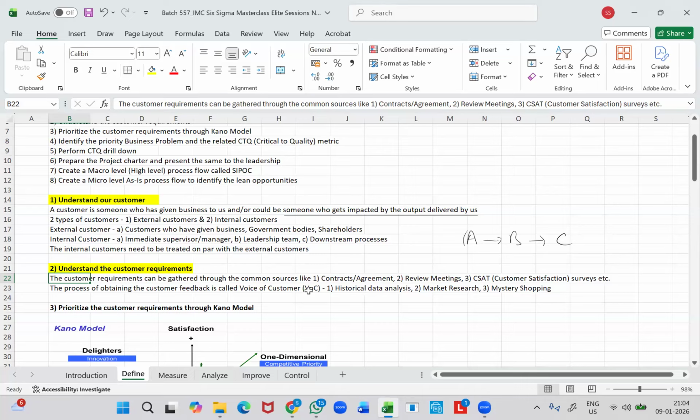That contradicting viewpoint will not be made known to us during the course of the year, and we will come to know only at the time of contract renewal. At that time, the customer will throw a surprise saying, "We are not satisfied with your performance. We are going to look out for some other service provider." So that kind of a situation should never happen.